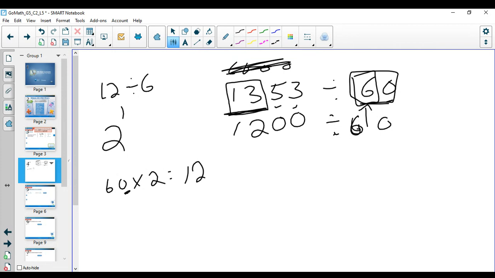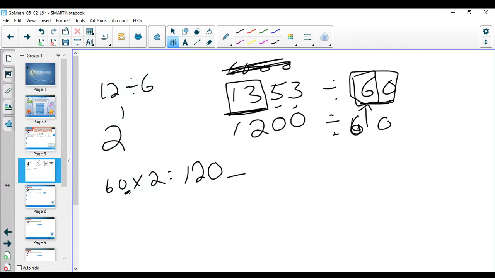And then this is that multiplying by tens thing that we did where we took this 0 and just added it on to the end. Well, 120 and 1,200 are not the same, right? So I need to have another 0 out here.